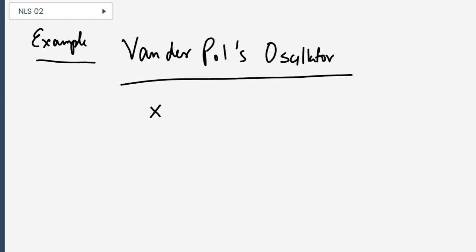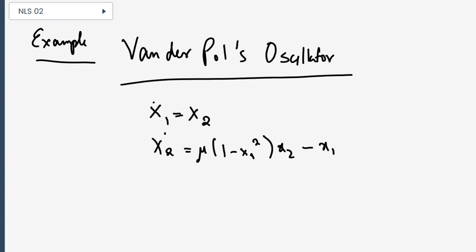So once we find out the equations of the system, we find that the state space model of the system is like this: x1 dot equal to x2 and x2 dot is equal to mu (1 minus x1 square) x2 minus x1.